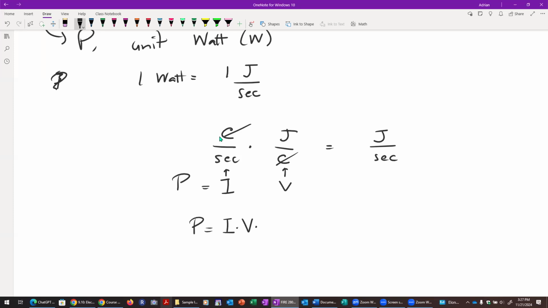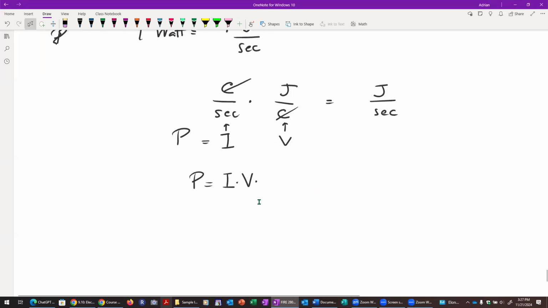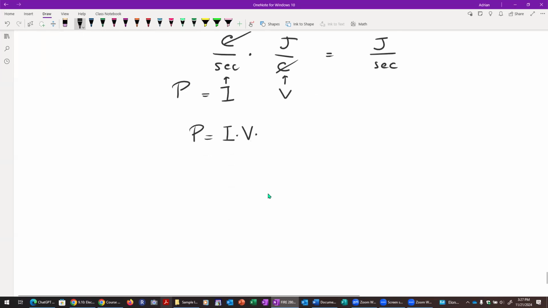That's mathematically now how we can relate power to a couple of the other variables that we've seen so far. Now, we also know that V is equal to I times R. So if I take this I times R and I substitute it in here for V, okay, then I end up with a new expression for power.